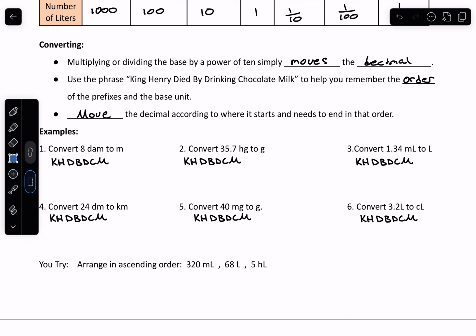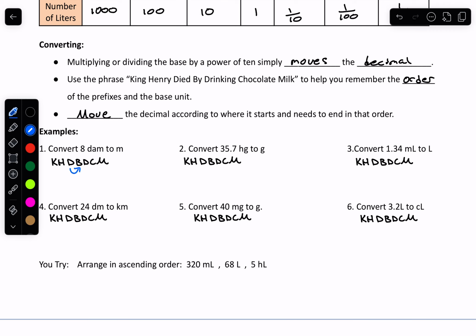All right, now that I got that done, what we want to do is convert based on where we are in this list of letters and where we need to get to. So for the first one, we are converting 8 decameters to meters. So we are starting at this capital D on the left, and we want to go to meters, which is the base unit. So let me actually just draw one arrow that starts and ends where we want to go.